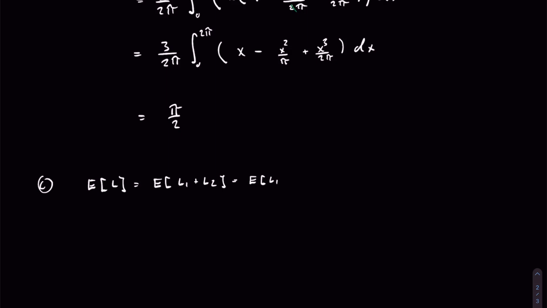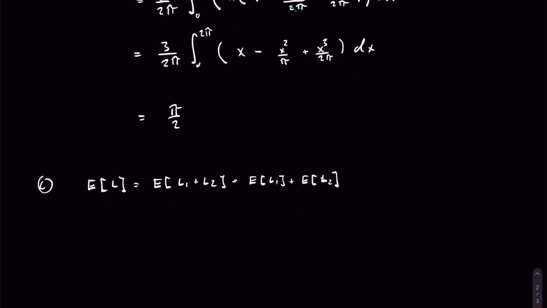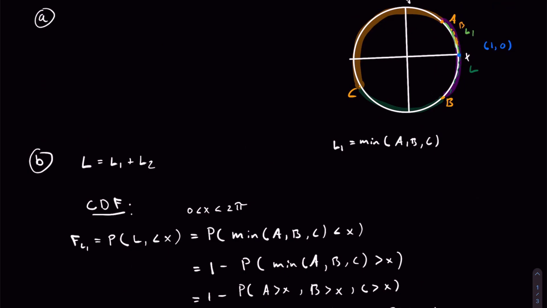So that's expectation of L1 plus expectation of L2. Now, we know that L1 is pi divided by 2, and by symmetry, L2 has the same expectation, because L2 is just going in the other direction here.